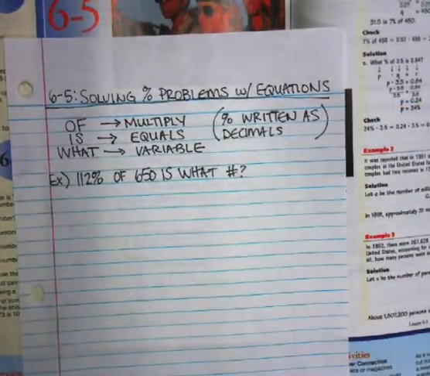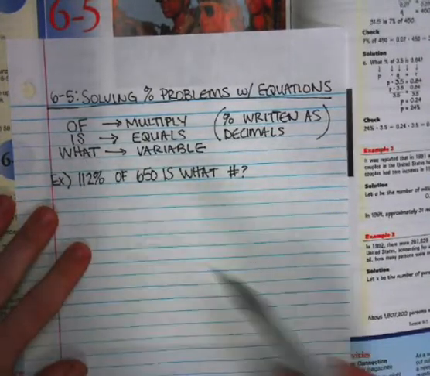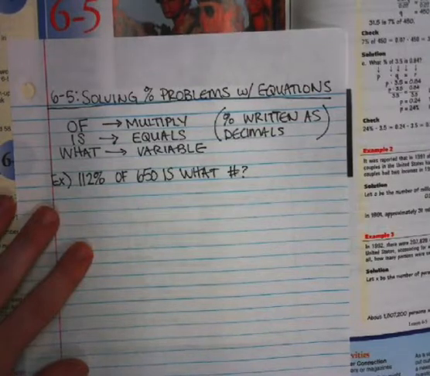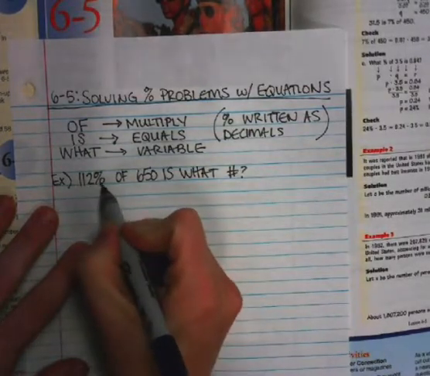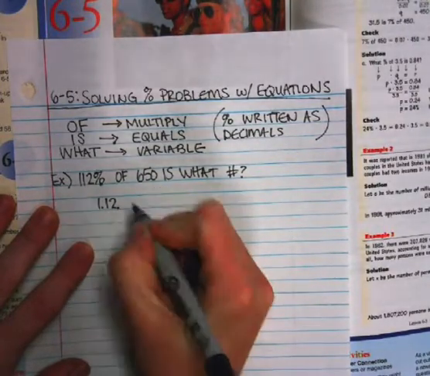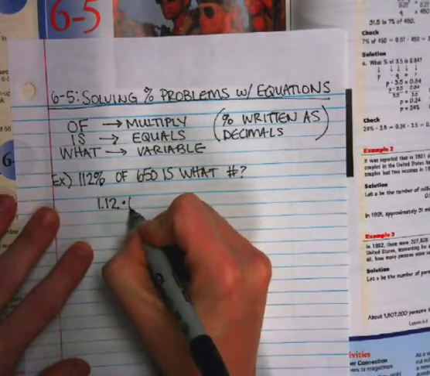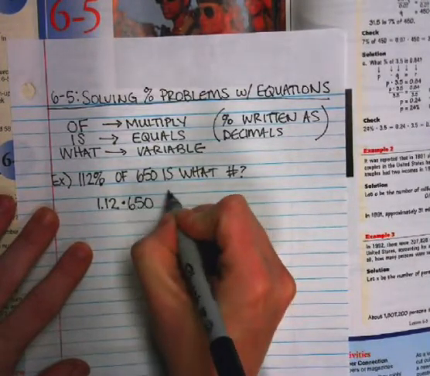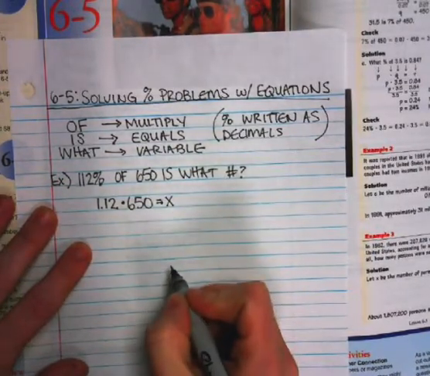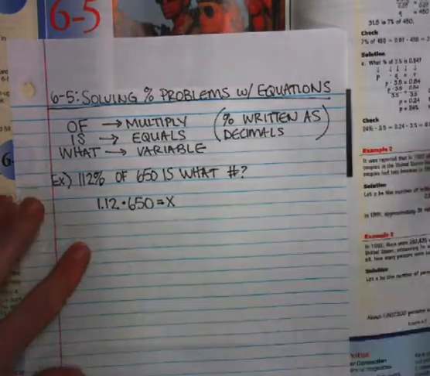So find these words, and we can go ahead and set up an equation. So 112%, we're going to write that as a decimal, of means multiply, 650 is what number? So there's our equation.